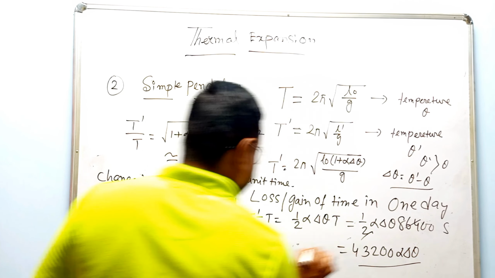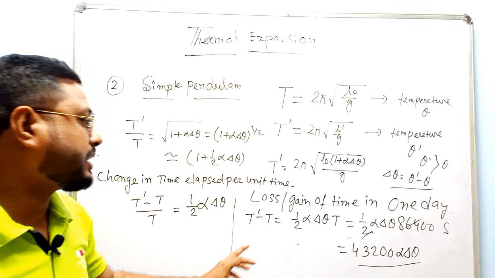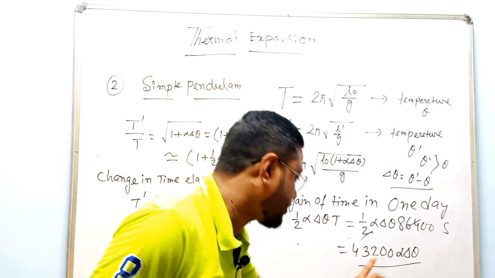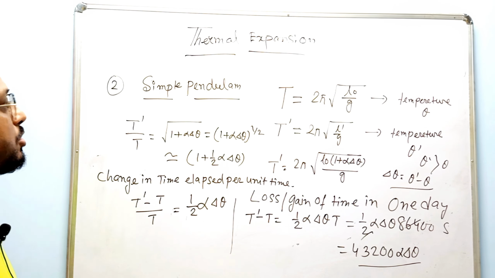Write it down: change, loss or gain of time in one day is 43,200 alpha delta theta. Alpha is the coefficient of linear expansion of the simple pendulum.